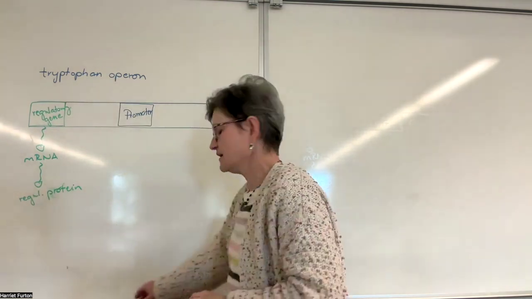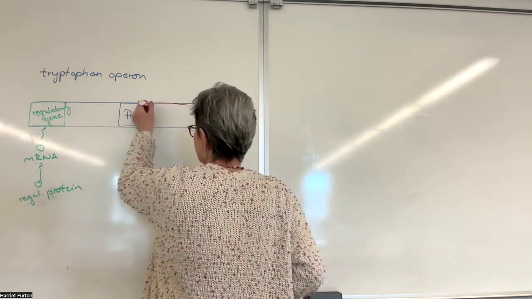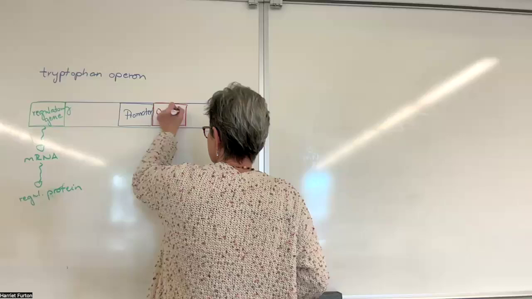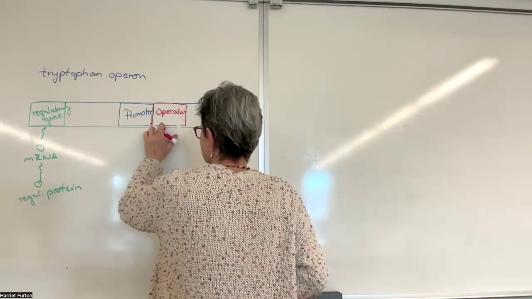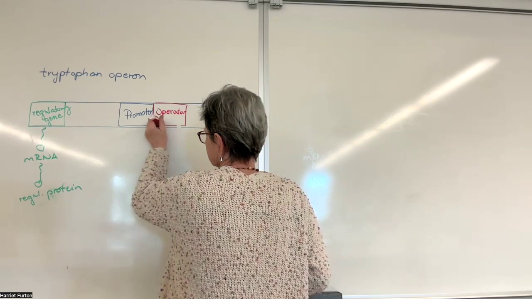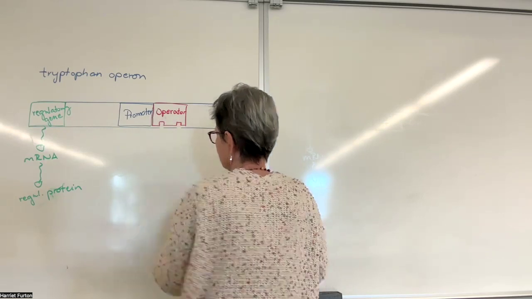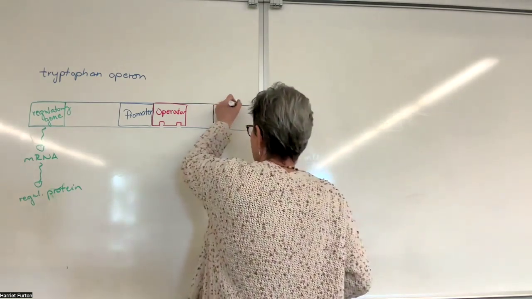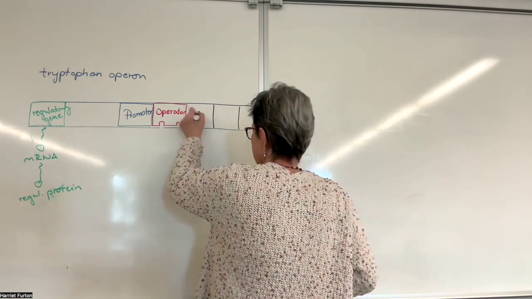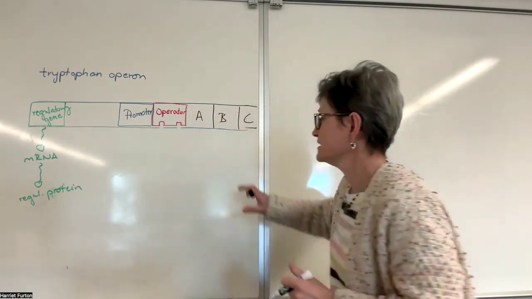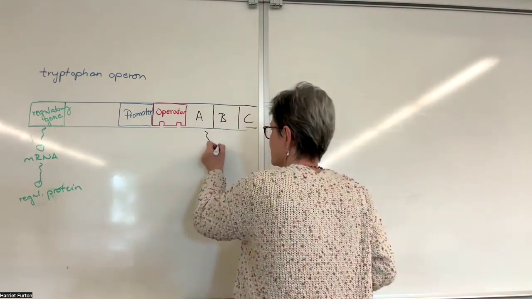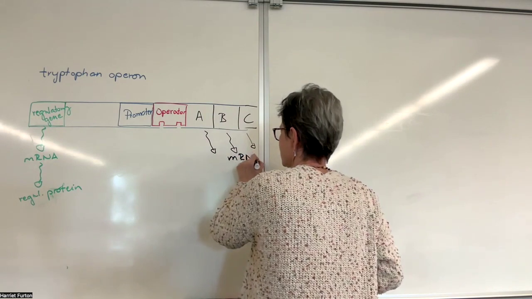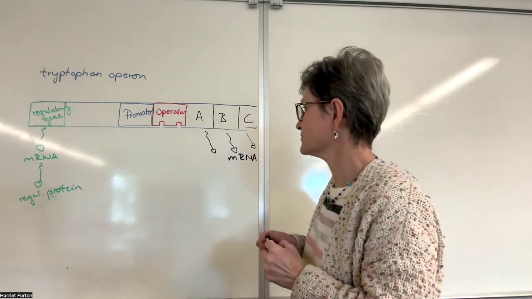Now, besides the promoter, we have an operator region. And we have the genes after the operator region: A, B, and C. These are going to be transcribed to messenger RNA and will be translated into proteins.